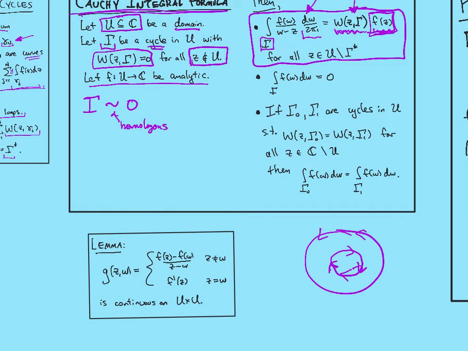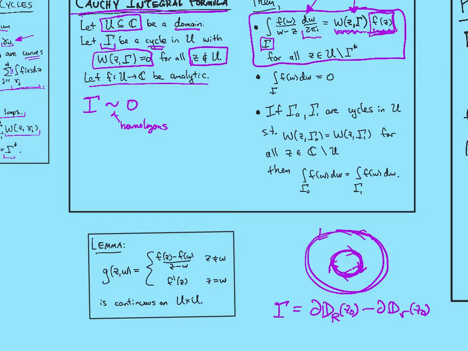And our Cauchy integral formula on an annulus had the integral along this circle minus the integral going this way, which you could encode with chains as the boundary of the outer circle minus the boundary of the inner circle. And that's the chain that you would integrate over.